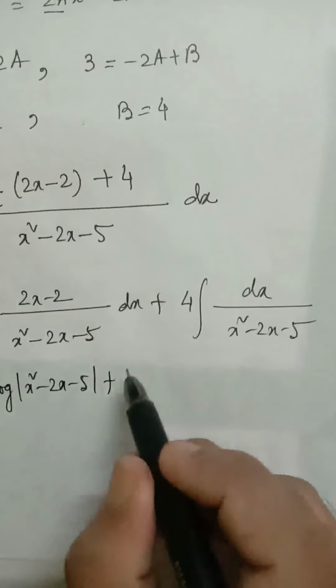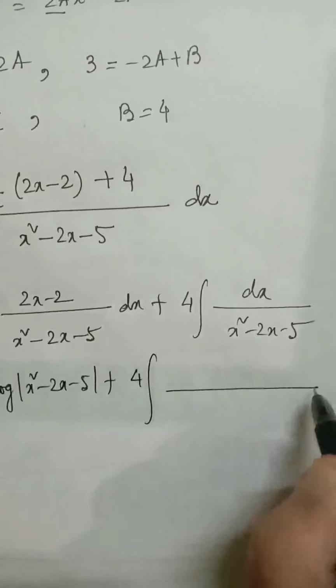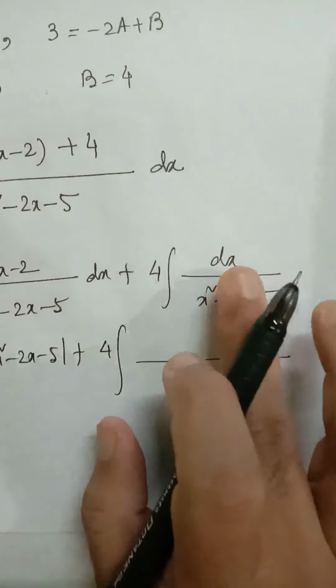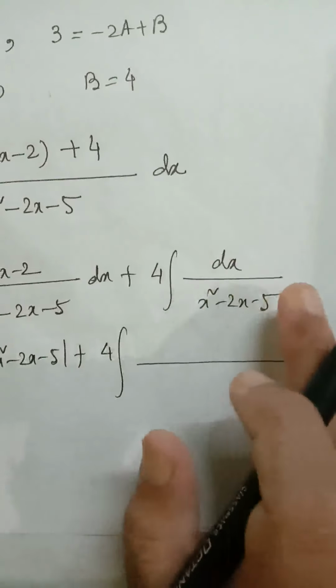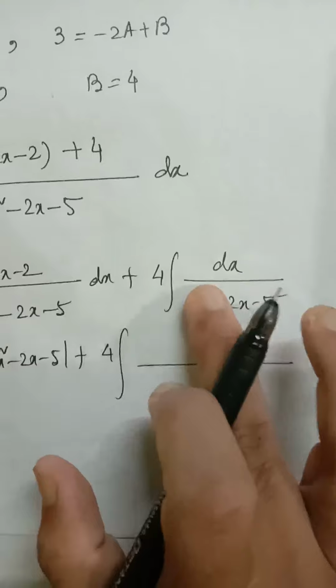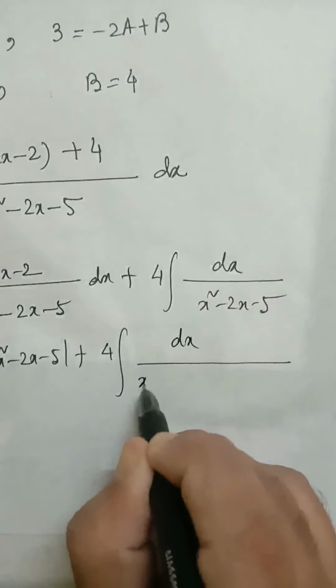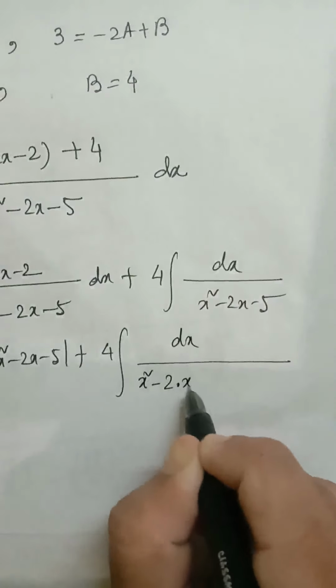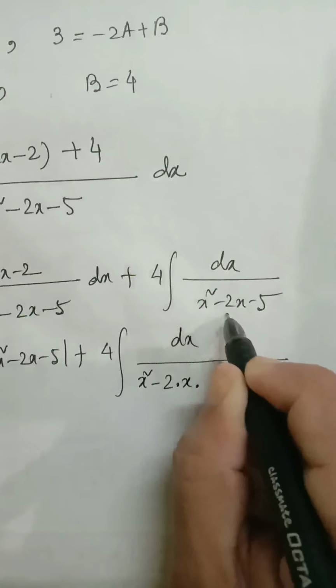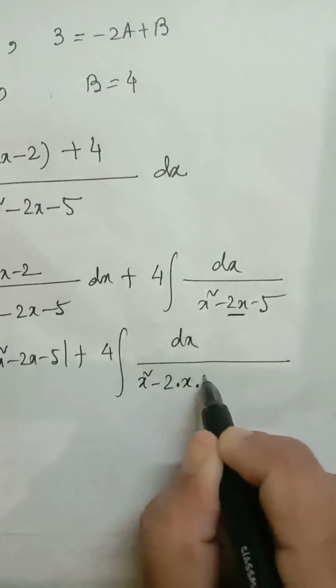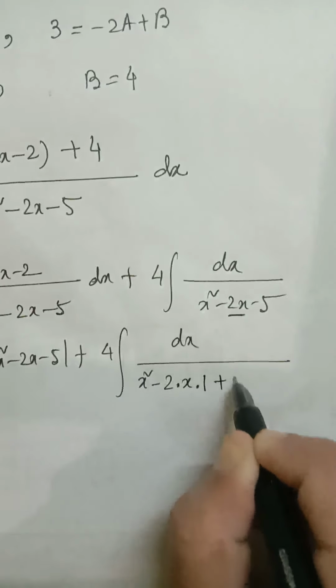Plus 4 times, now this type of question we have already done. First of all we have to make this a perfect square. So for that we write x² − 2·x·1 + 1², since the term is 2x, to get 2x you multiply 1 with this.